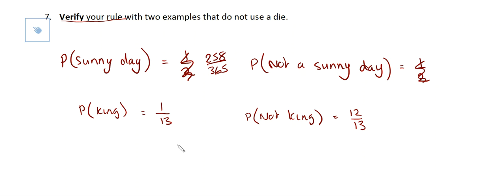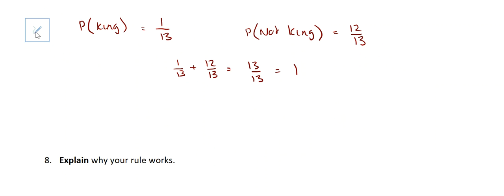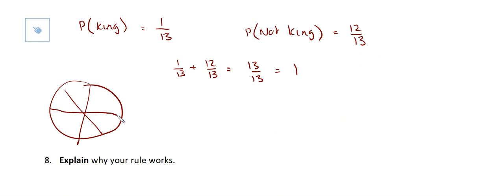Verifying it all: 1 from 13 plus 12 from 13 is 13 from 13, which equals 1. Someone did a very nice drawing of a spinner, and they put 1, 2, 3, 4, 5, 6 on it. The probability of a 6, or probability of an even number, that's good as well.